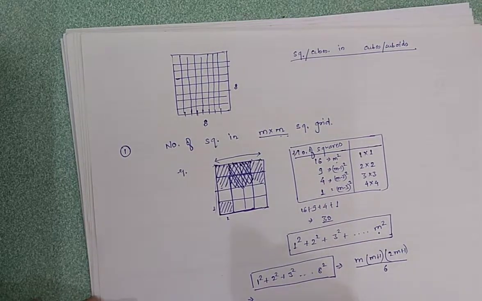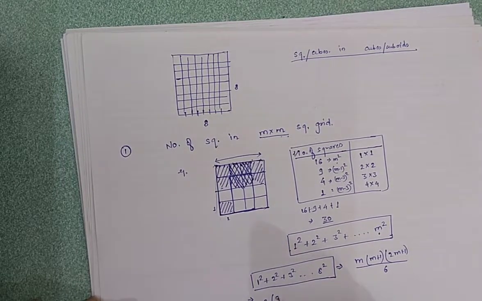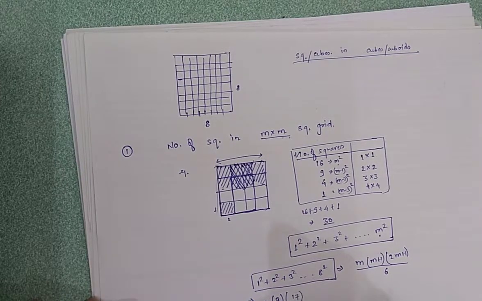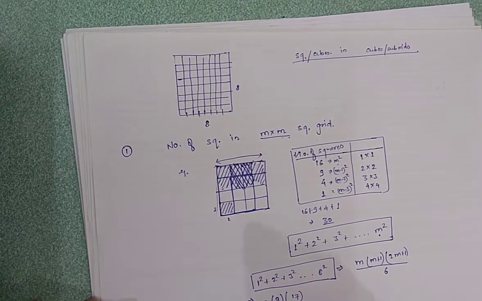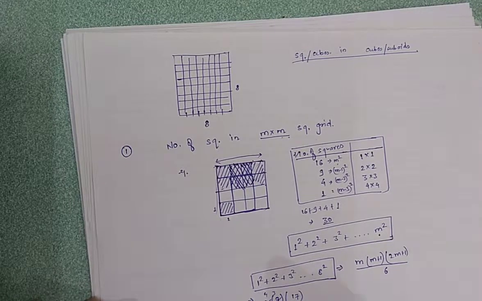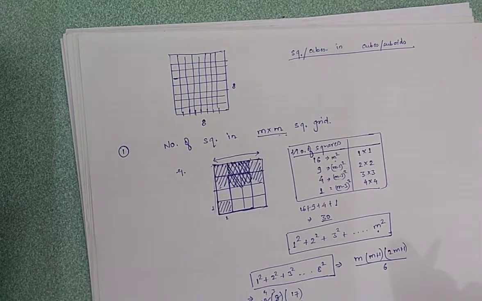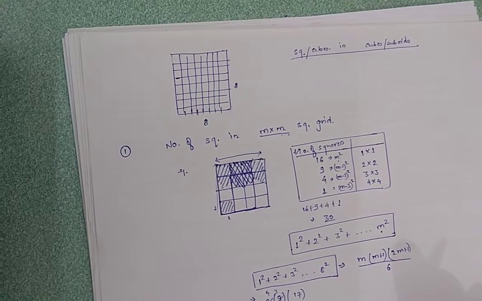The value of m is 8 over here. 8 plus 1 is 9, and 2m plus 1, 2 into 8 plus 1, is 17, divided by 6. This comes out to be 204. So this is our answer. The number of squares in an 8 into 8 square grid or chessboard is equal to 204.